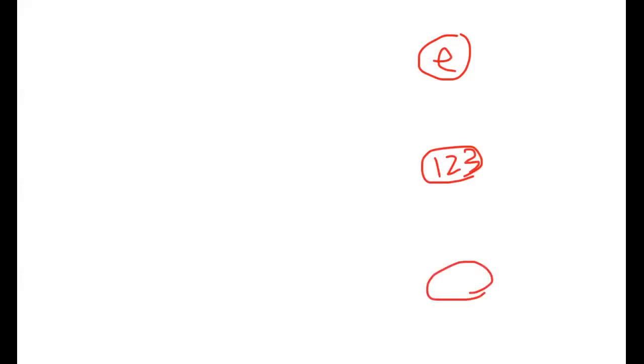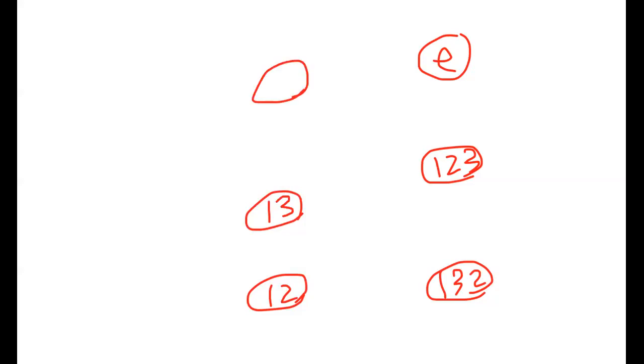And I'll write the ones which are even on the right and the ones which are odd on the left. Now I'll draw in edges which correspond to right multiplication by transposition.